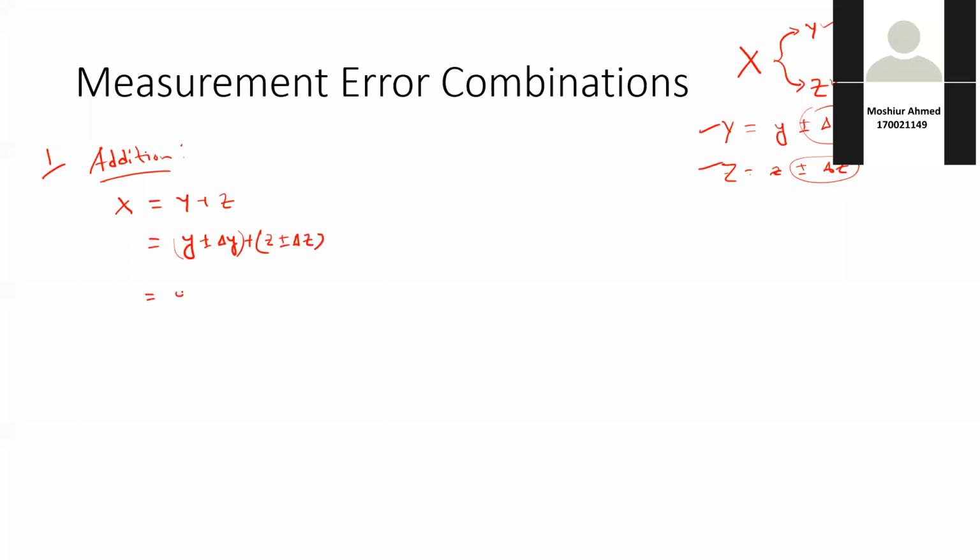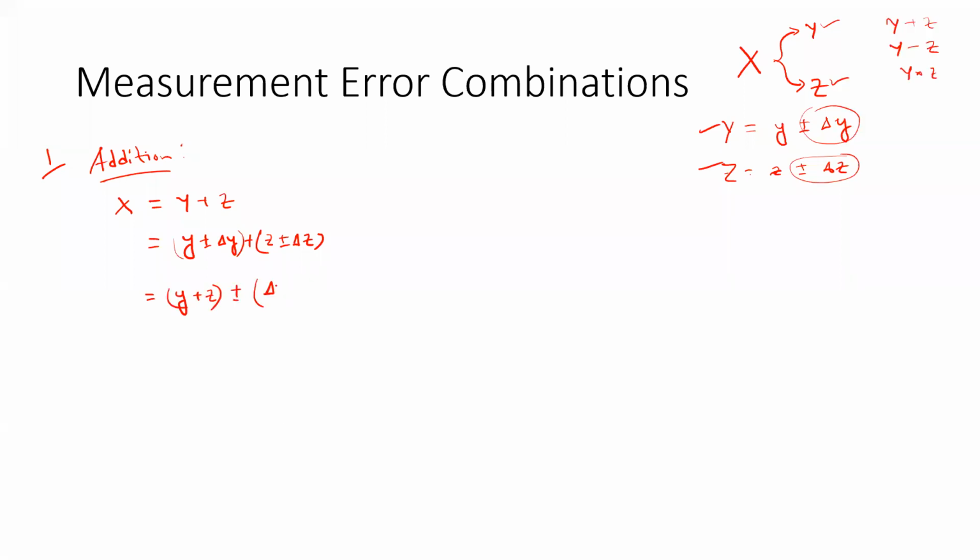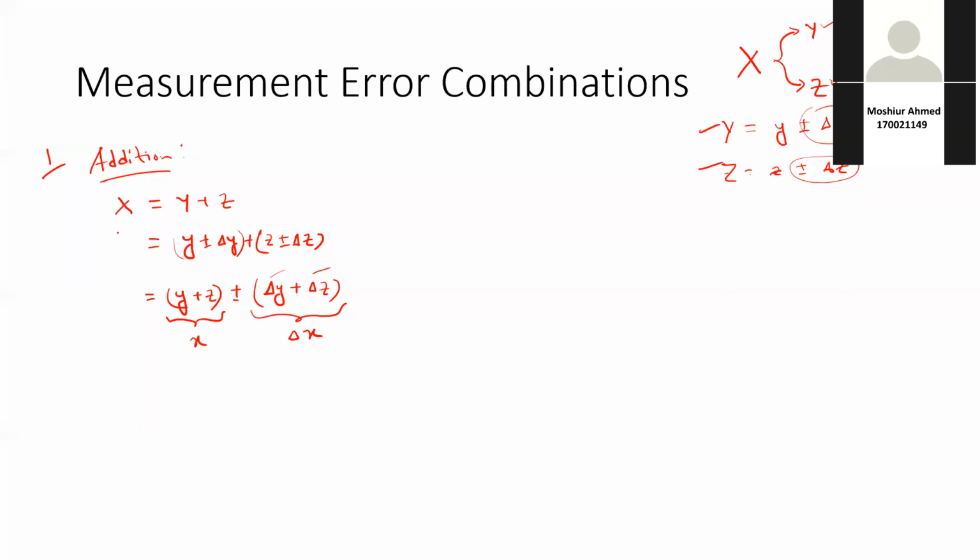After that, if we just group them together, we'll find out that this will represent our true value of x, and this will represent the absolute error present in x. So the absolute error in x is actually the summation of the absolute errors present in both y and z. So if these two values are known, then the possible error in x can be easily predicted.